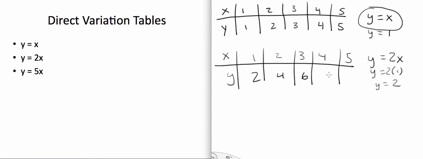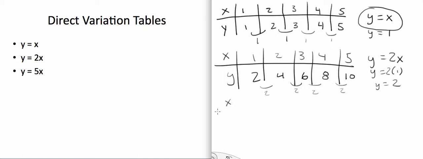When x is 3, y is 6. When x is 4, y is 8. And when x is 5, y is 10. So you see that these values were all going up by 1, and now they are all going up by 2.